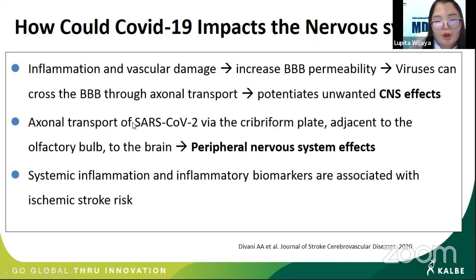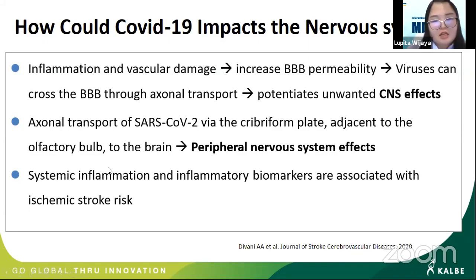And then, as we know, axonal transport helps the virus get across the blood-brain barrier. There is a relationship between axonal transport and the upper respiratory tract, especially the olfactory bulb. Because of that, at an early stage, the patient maybe didn't feel fever or dry cough, but will have hyposmia, or cannot smell normally anymore.